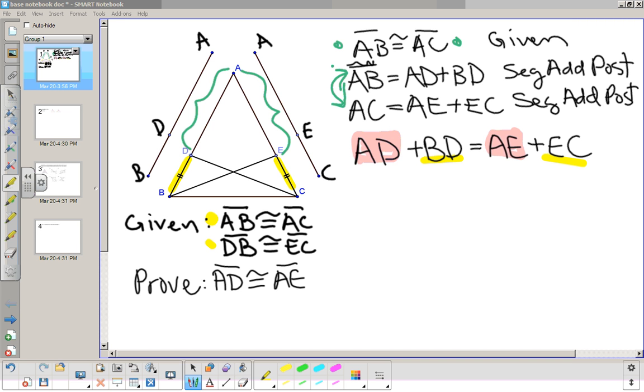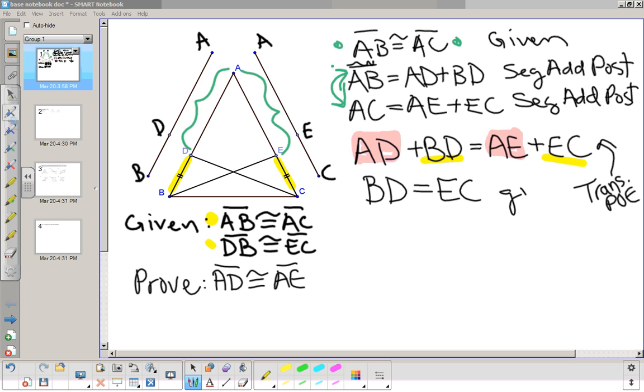I'll state my given. Oh, I need a justification for this one, right? I can call it transitive property of equality. And my next step, I'm going to state my given that applies to this. That's given. And now I'm going to replace. I'm going to either replace BD or I'm going to replace EC. It doesn't matter.